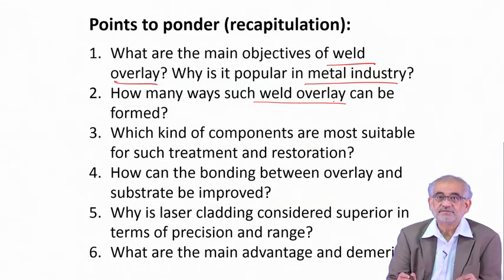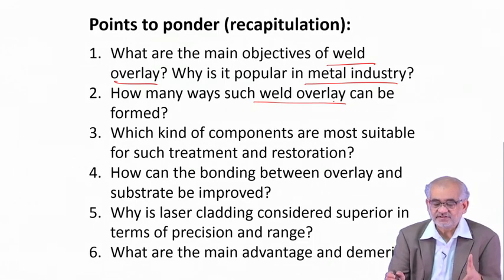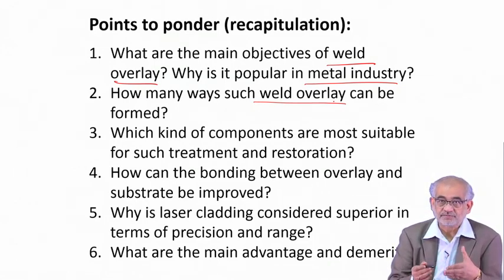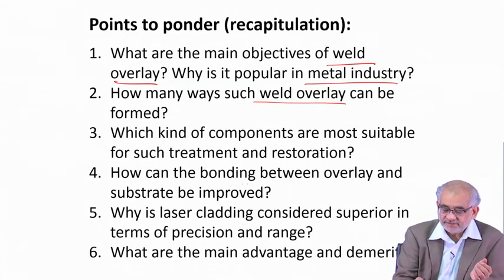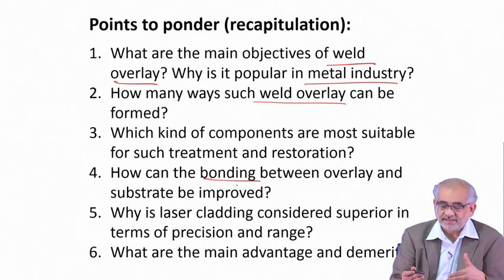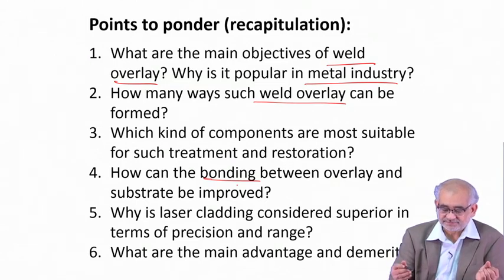So first, we can make a thicker coating, we can cover a wider area, and so this is very, very useful for various manufacturing components, machines and so on. The bonding is usually very good because of the presence of fusion, and because of the possibility of metal-metal bond creation at the molten state.